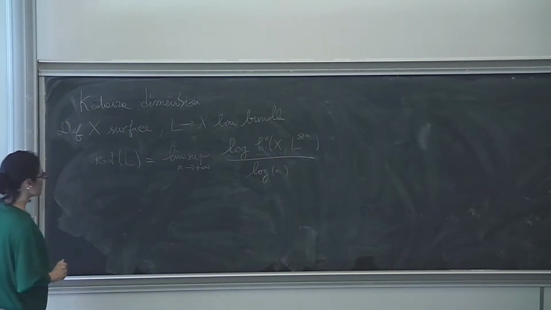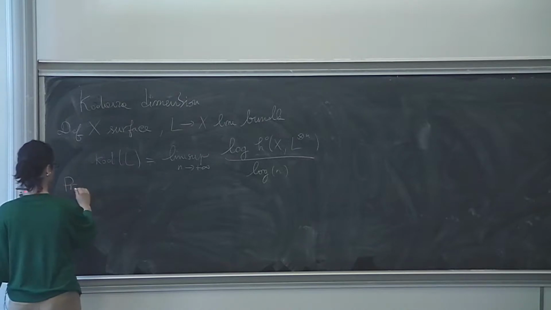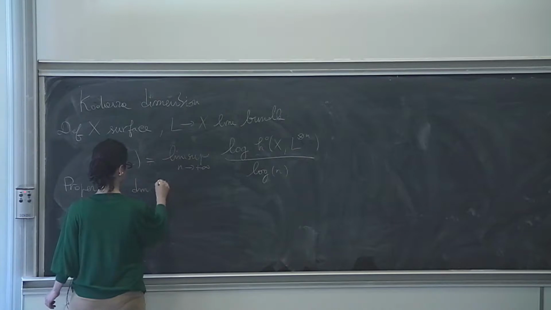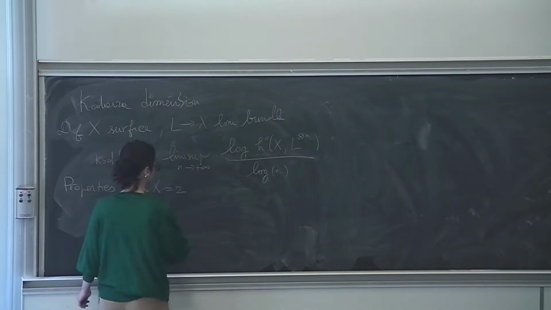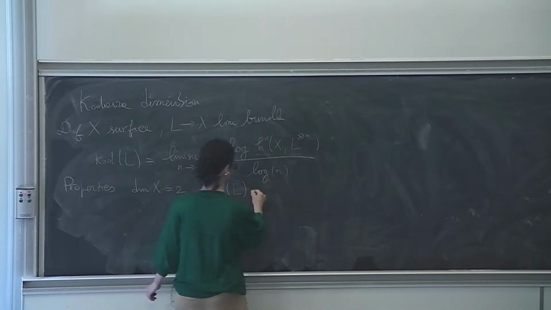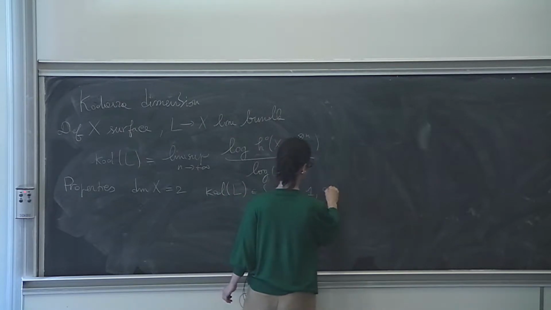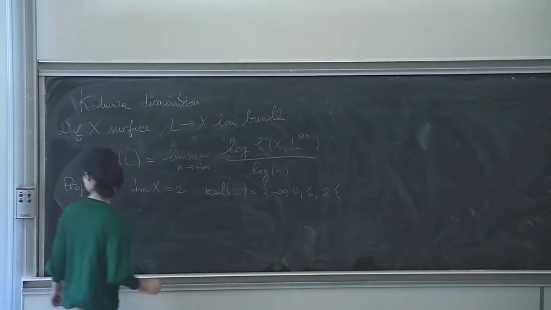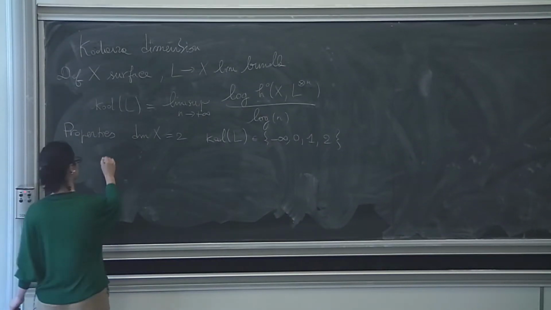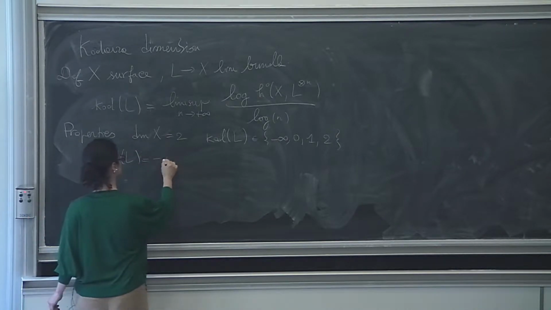Okay. So maybe, yeah, properties. If the dimension of X is 2, then the Kodaira dimension of L takes values in this set. It can be minus infinity, 0, 1, or 2. So when is the Kodaira dimension of a line bundle minus infinity?